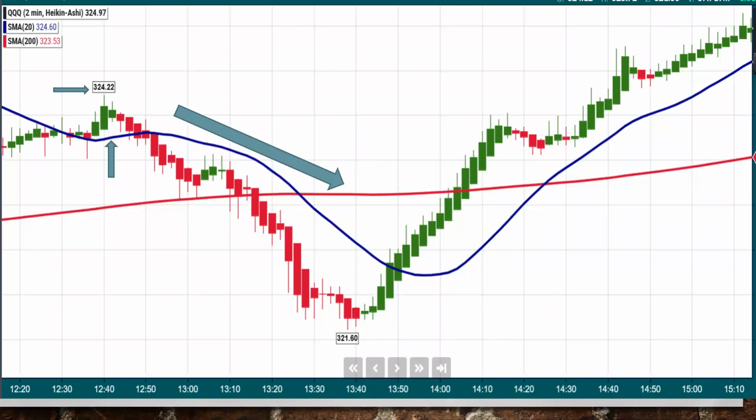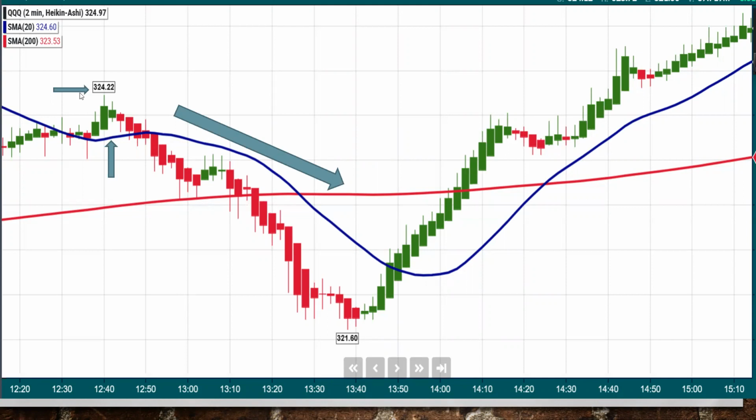Another example. High of the day, 324.22. The mother candle to the left is higher and lower than the baby candle to the right.